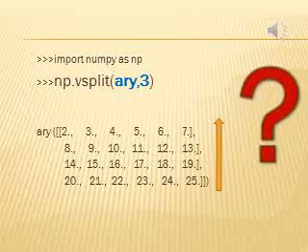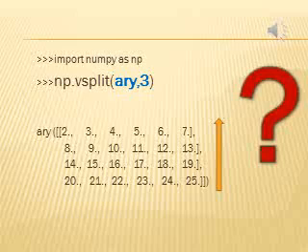Now suppose, like we did in the hsplit function, we write np.vsplit(ARY, 3), which means to divide the array vertically into 3 equal parts. Is it possible with this example? No students, it is not possible, because you can see the array has 4 rows, and how can it divide 4 rows into 3 equal parts?